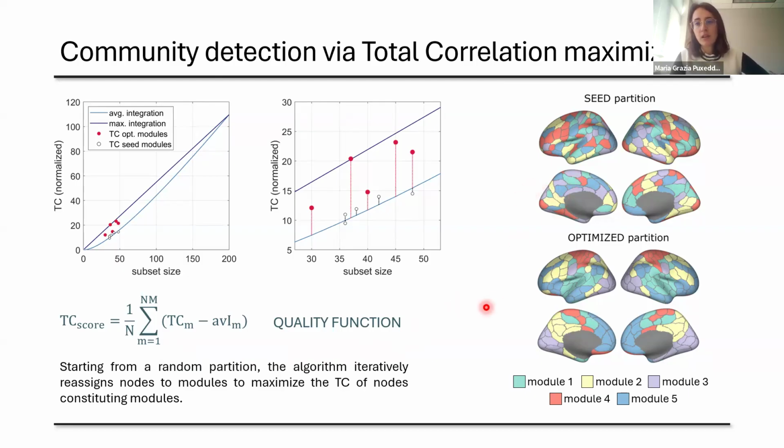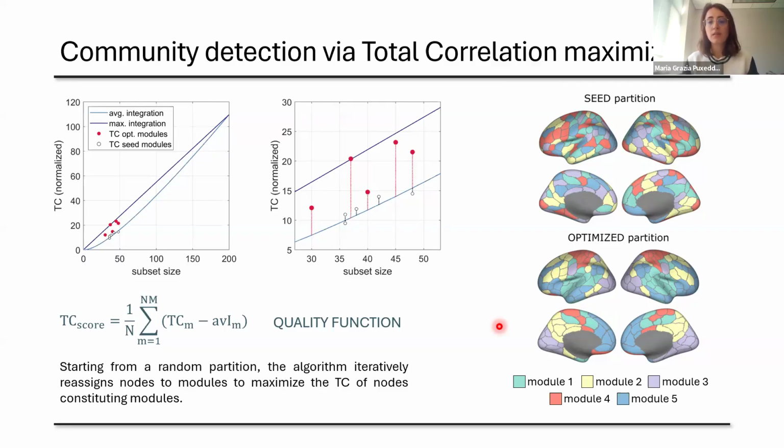And this is an example of optimization. So we start from a random partition of the network of the brain into 5 modules. And this is what we obtain after the optimization. And just by visual inspection, you can see that the modules that we obtain are pretty much spatially contiguous. And this is something that we kind of expect from the brain because it has physical constraints.